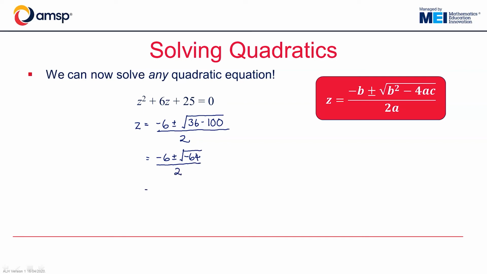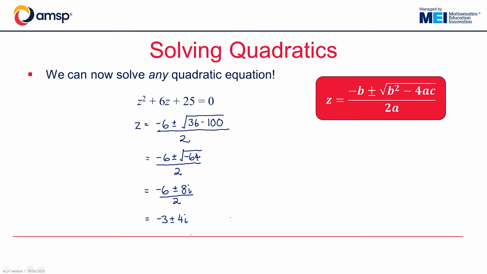And of course we can now square root minus 64, we get 8i. So minus 6 plus or minus 8i, all over 2, which is minus 3 plus or minus 4i. So we get two solutions as usual.